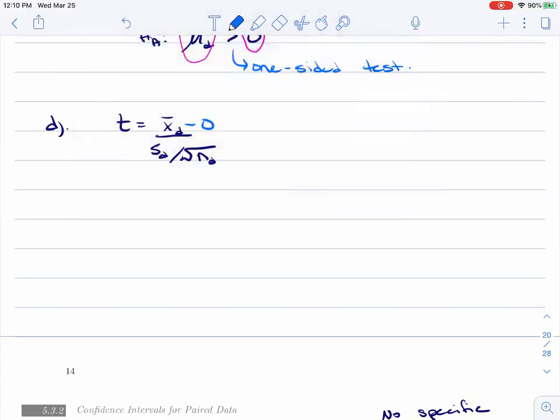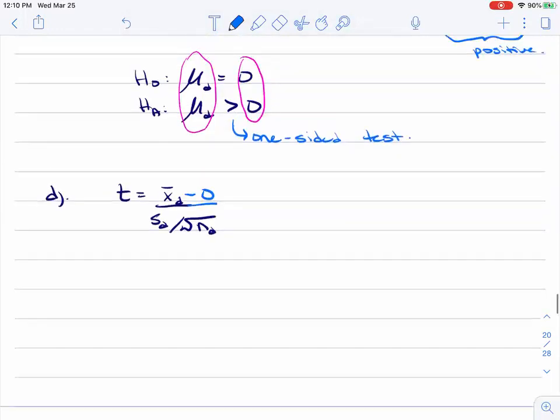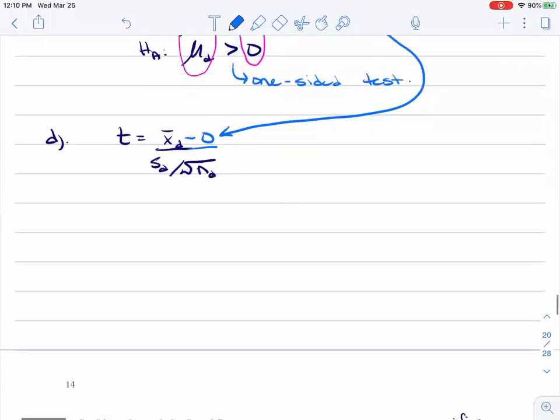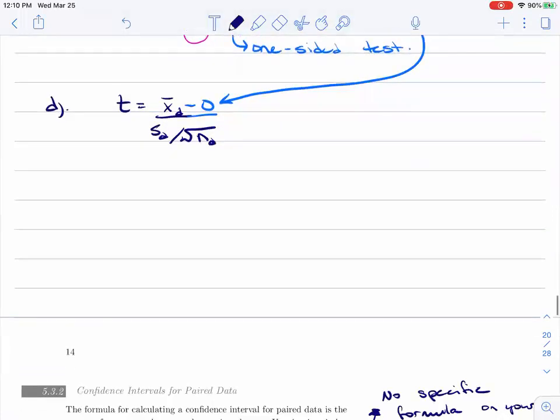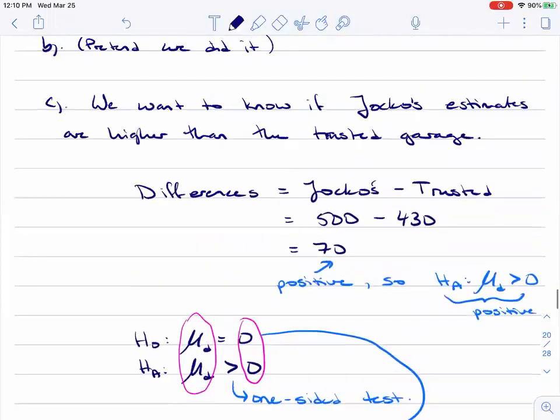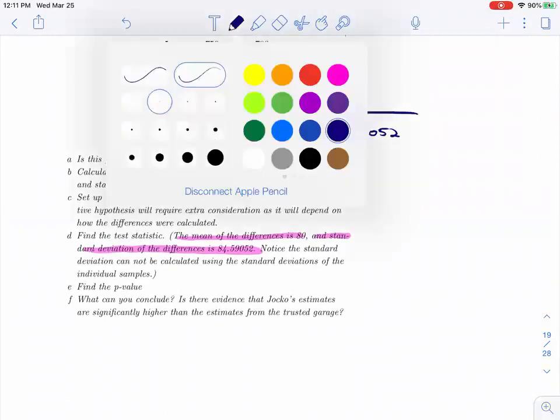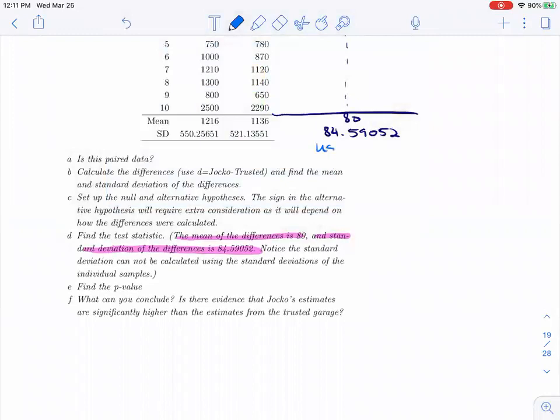Technically, minus 0 from up here, but we just drop that because it'll always be 0. In our case, we've got 80 over 84.59. How about we just use 84.59?